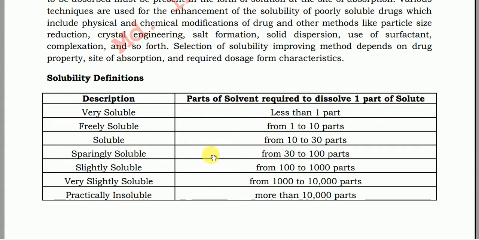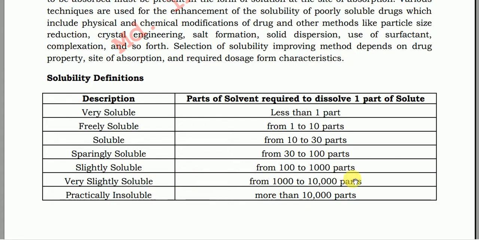That is why we will say that it is sparingly soluble. Slightly soluble. What is slightly soluble? When 1 gram of solute requires more than 100 up to 1000 gram of solvent, then we will say that it is slightly soluble.